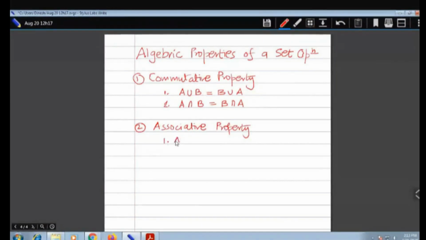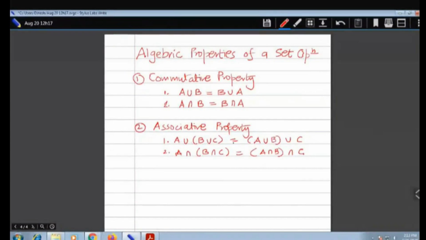A union (B union C) is the same as (A union B) union C. And like that, A intersection (B intersection C) is the same as (A intersection B) intersection C. So you can do the union of the last two first and then union with A. It's the same as doing the union of the first two sets and then the third one.